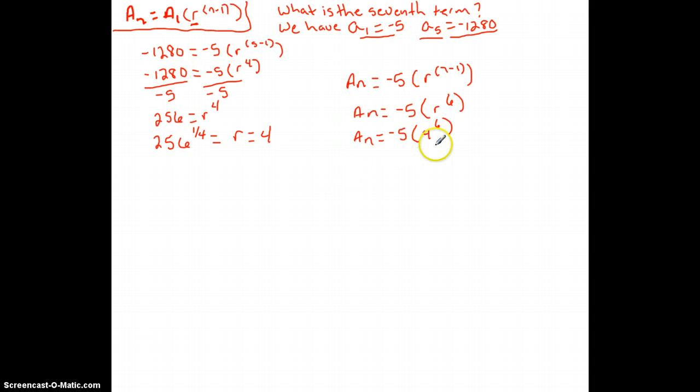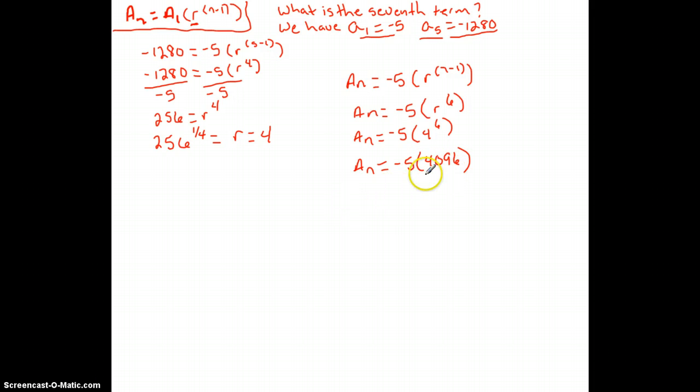Now we just simply put this in the calculator: 4 to the sixth power times -5. When you put 4 to the sixth in your calculator, you get 4,096. So again, I'm just going to write it out. an equals -5 times 4,096.